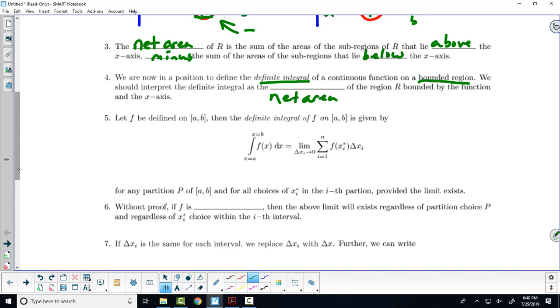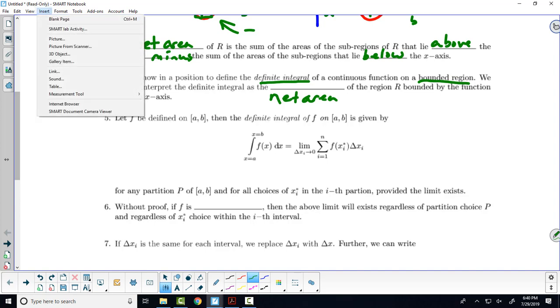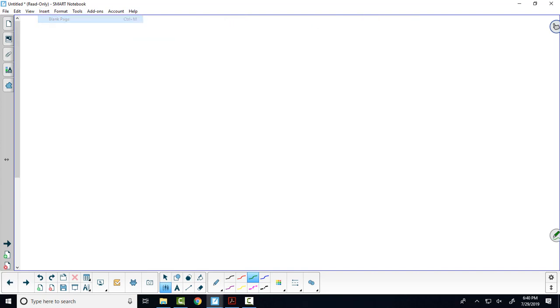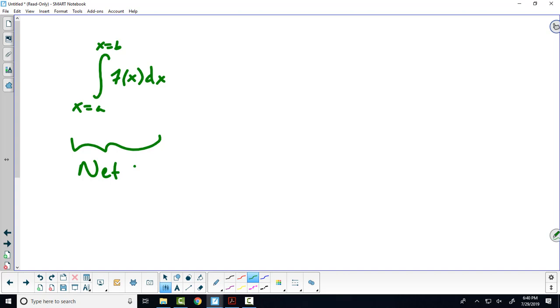I now want to take some time to talk about this, and unfortunately, I didn't go through and erase these notes, so you had to fill them in. I'd like to practice writing them because I'm uncomfortable with this notation. You are too, so you should practice writing it. The symbol that we're going to use for the definite integral will be the integral from x equals a to x equals b of f of x dx. So this is the notation that we'll use for net area.